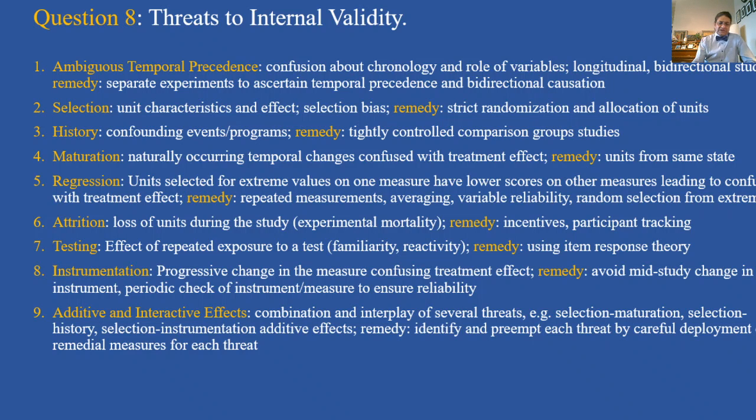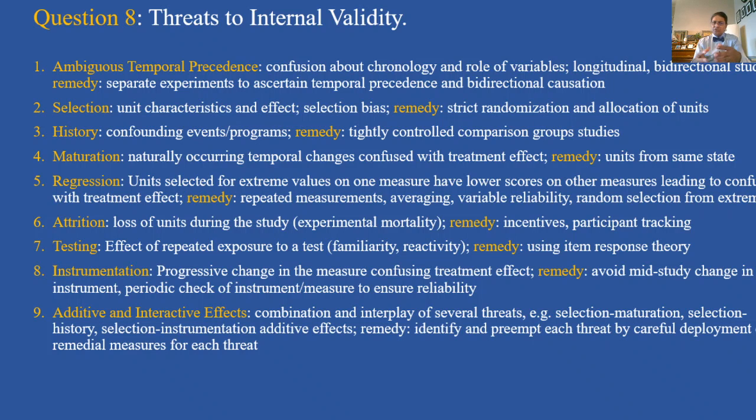These are usually also seen in pre and post tests, in longitudinal studies, in repeated measures, because during one measure the same unit may have extreme values, but during the repeat measure it will have lower values. There are several remedies.